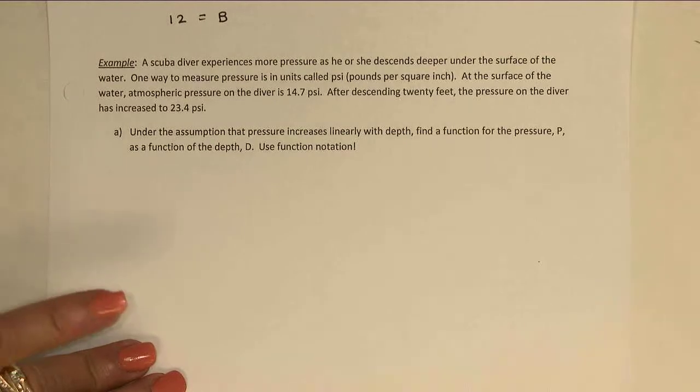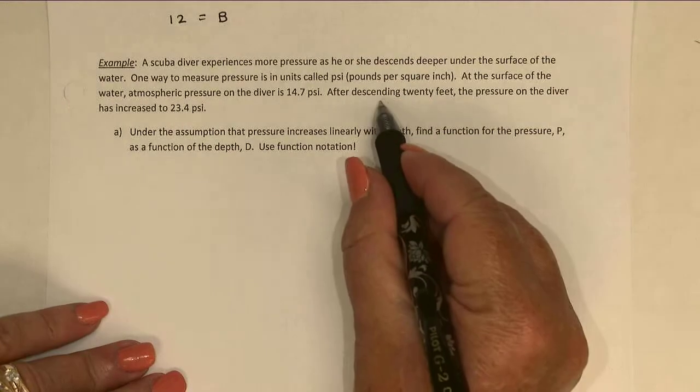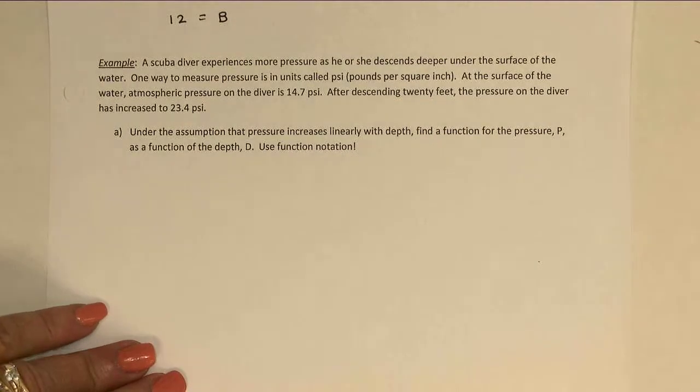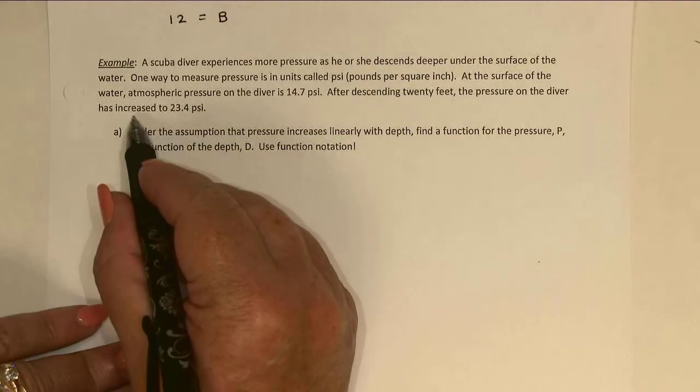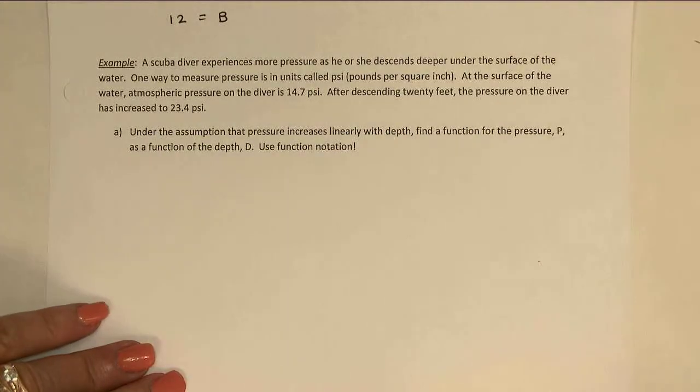If you're at sea level, just walking around on the land at sea level, you're going to have 14.7 psi of pressure. After descending for 20 feet, the pressure on the diver has increased to 23.4 pounds per square inch. Under the assumption that pressure increases linearly with depth, find a function for the pressure P as a function for the depth D, using function notation.